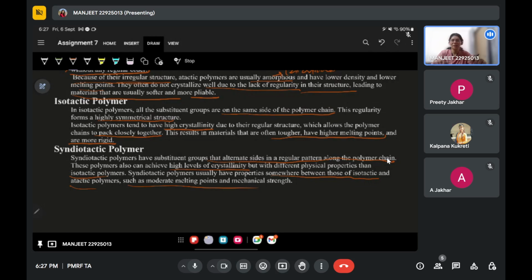So these are the three kinds of arrangement of the side group: isotactic, atactic and syndiotactic.